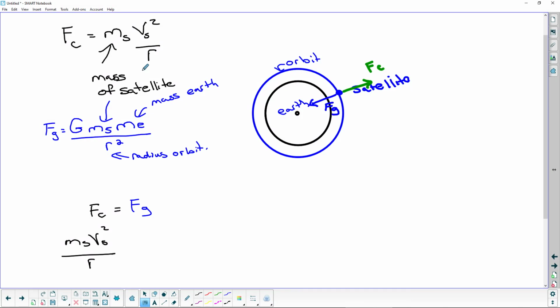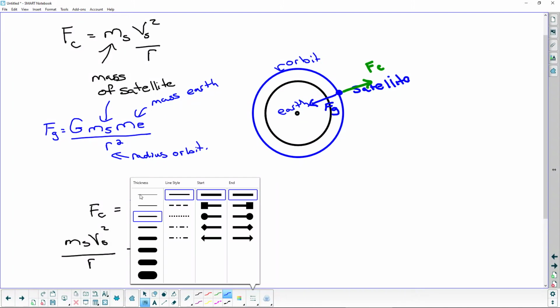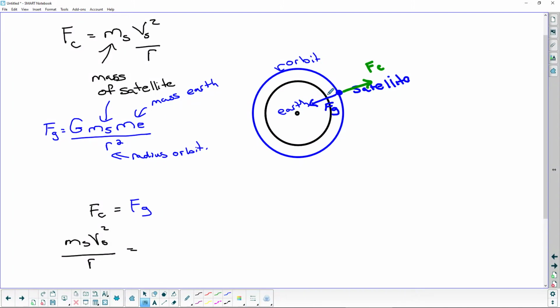And on this side, we put the gravitational force: big G, gravitational constant, mass of the satellite, mass of the Earth, or the planet or moon if you're launching a satellite around a different one, over r squared, the radius.